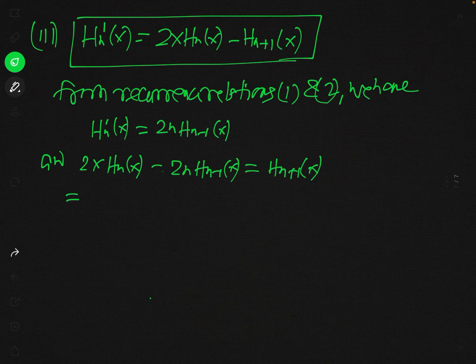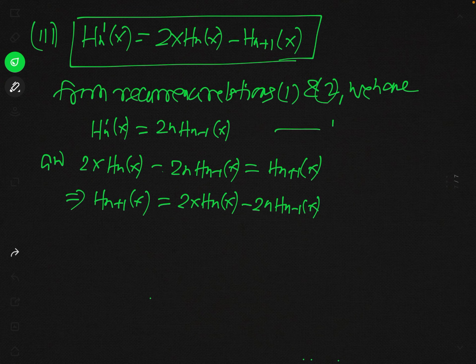Now you can see from this recurrence formula we can write that, just interchange the LHS and RHS, and you can say this Hn plus 1 of x is equal to 2x Hn of x minus 2n Hn minus 1 of x.